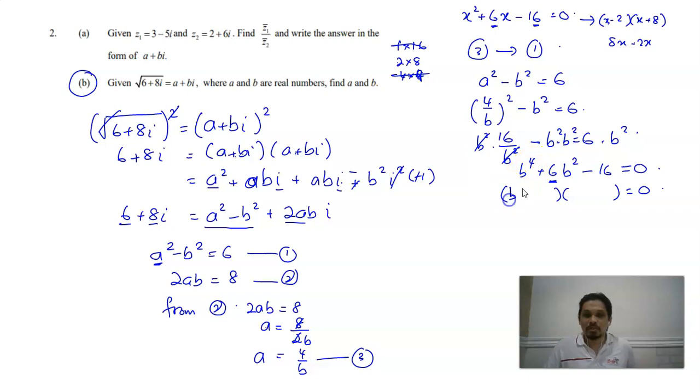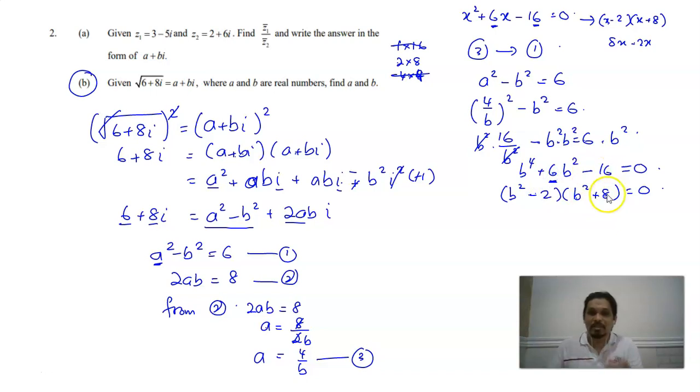So we change into b squared and b squared, and minus 2, plus 8. Again, b squared times b squared, b power 4, b squared times 8, 8b squared, negative 2 times b squared, negative 2b squared. So 8 minus 2 equal to 6b squared. And negative 2 times 8 equal to negative 16.